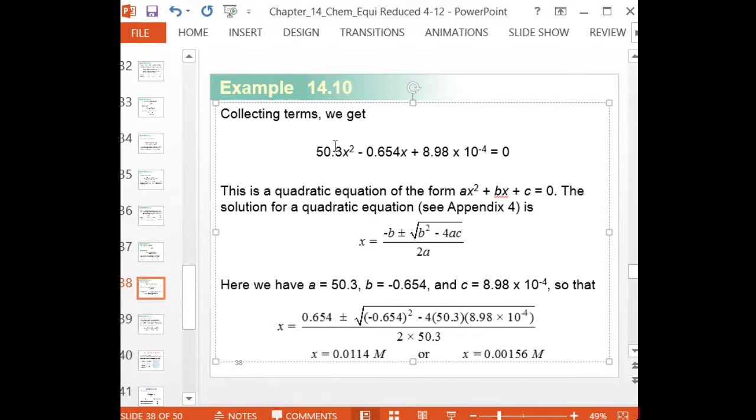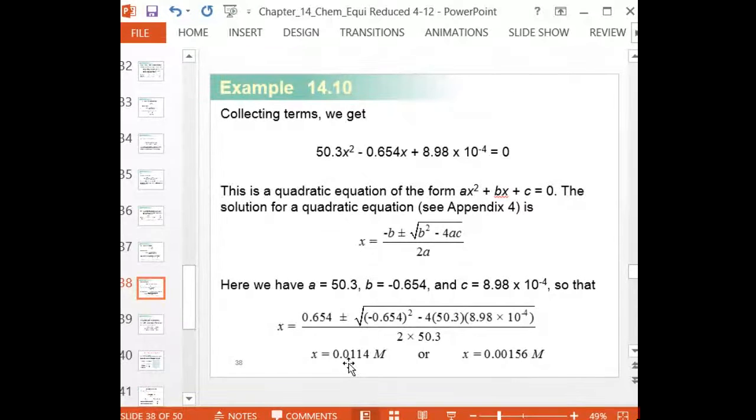You put these values into this formula and you will get two values of x. One is very small, and the other is 0.0114, and this is 0.00156.